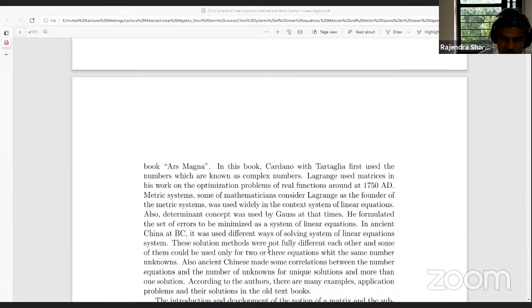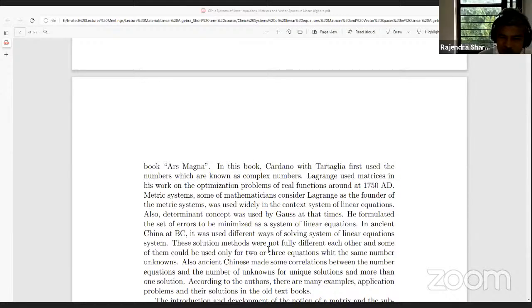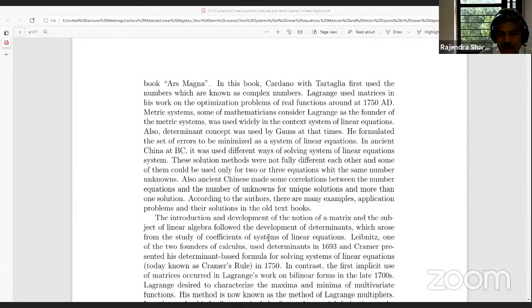Also, the ancient Chinese made some correlations between the number of equations and the number of unknowns for unique solutions and more than one solution as well. So it appears that there are many examples and applications, problems and solutions in the old textbooks. So history could be that it is quite ancient that way.